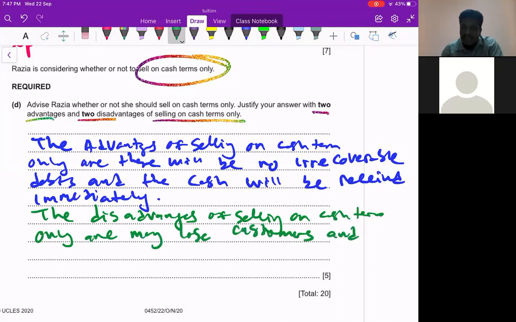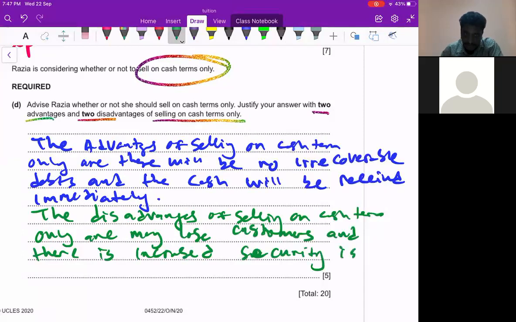And also, if you sell all in cash, it means you receive a lot of cash money. So there is an increased security issue. Everybody will pay on the spot, they will pay cash.